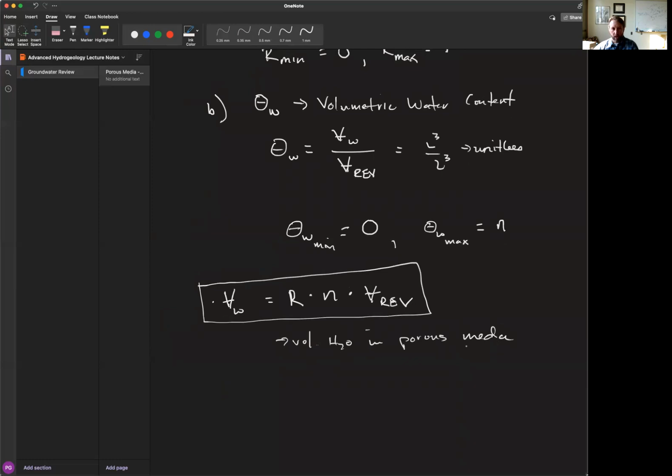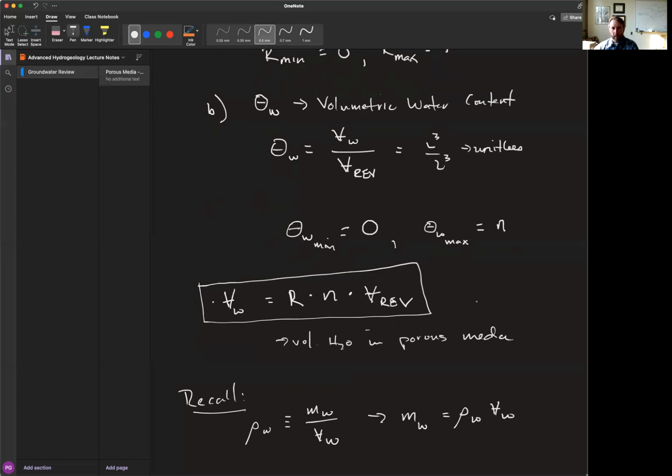If we want to know mass, recall that the density of water is defined as the mass of water divided by the volume of water. If we rearrange that, we can calculate the mass of water is equal to rho water times V water.